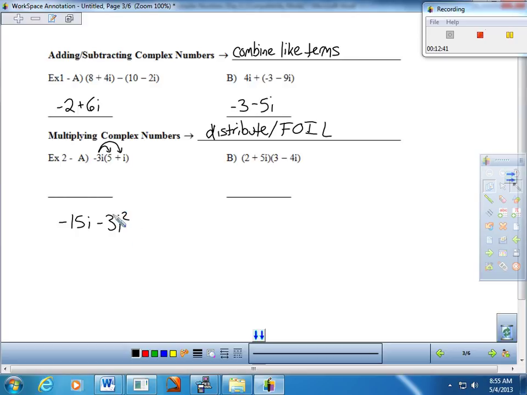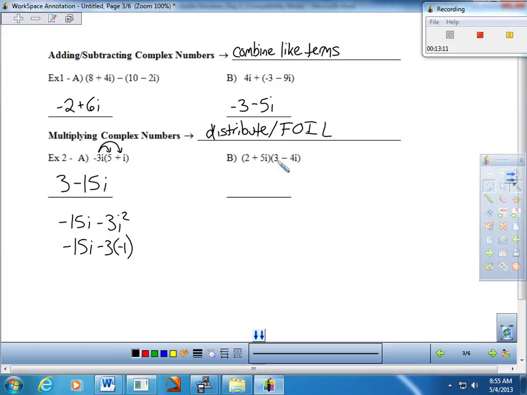What is i squared, everybody? Well, remember, i squared reverts right back into the real number system as negative 1. And so now you can see this piece right here is what gives us the real part of our product. Negative 3 times negative 1 is positive 3. And then the imaginary part with the imaginary unit, 3 minus 15i. And there it is. So a plus bi, that's your goal. Notice here, not there yet. There's our answer.